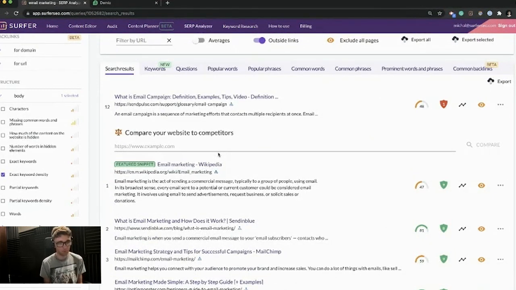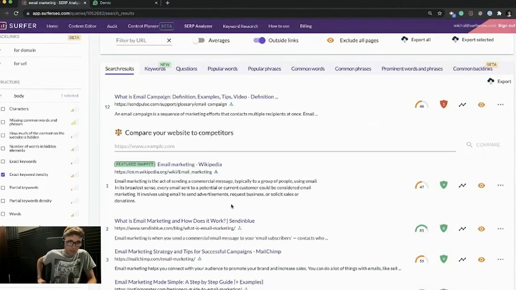We cannot compete with Wikipedia, and maybe we can, but we cannot optimize our content based on their content because they don't have the greatest content on earth. They are Wikipedia, so they can afford not optimizing themselves. They just use it in the meta title, maybe in H1 and somewhere in the description, and that's all they need.